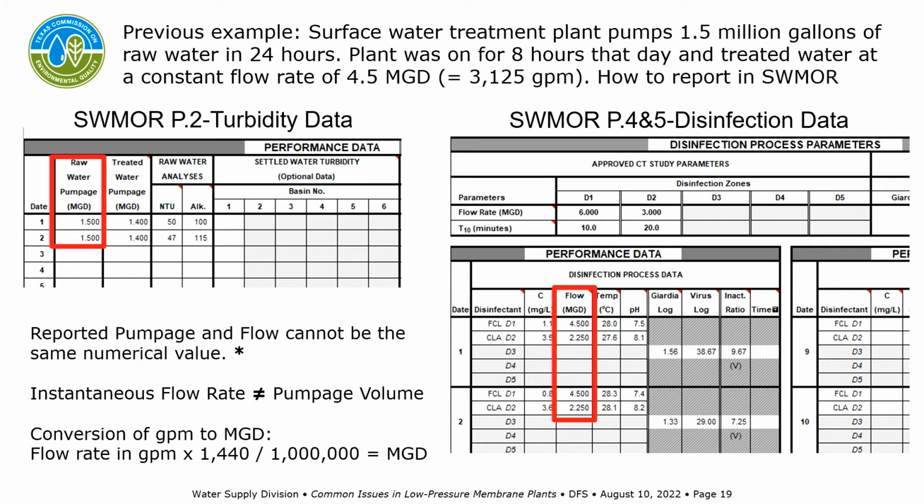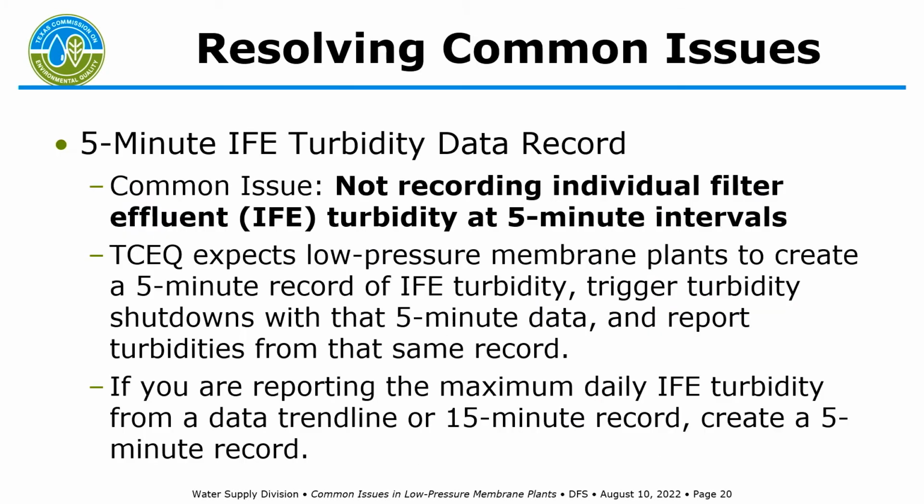So this is really a volume, and this is a flow rate, an actual MGD here. If you're pumping at 3,125 GPM, that's equal to 4.5 MGD, if you need to convert it from GPM to MGD.